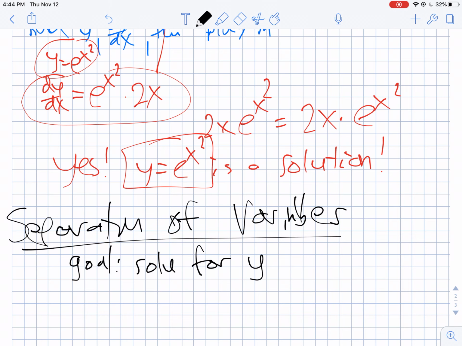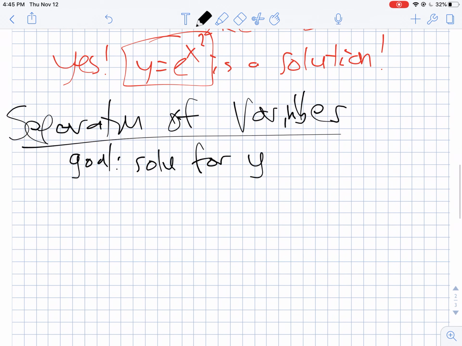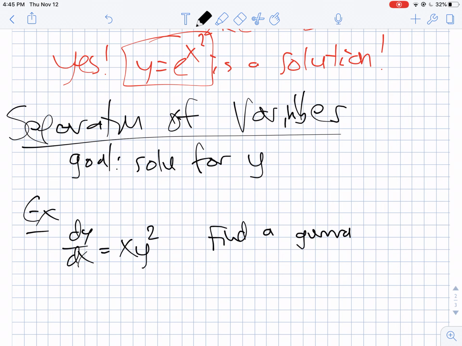So what we're going to do is something like this. Let's suppose now we have dy/dx equals x times y squared. And I'm going to ask you to find a general solution. So what that means is find an equation for y.